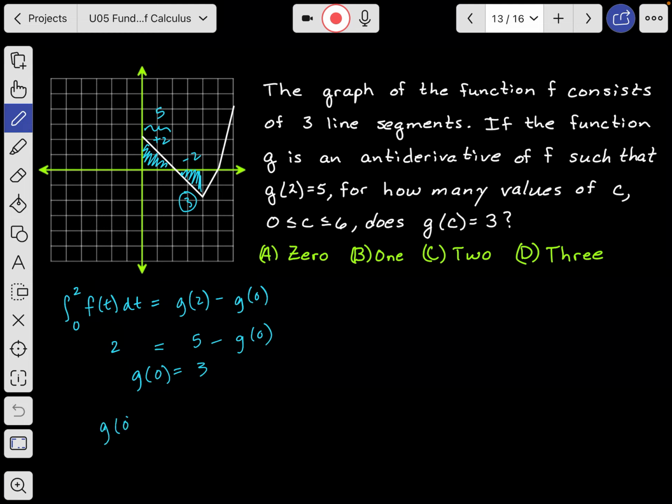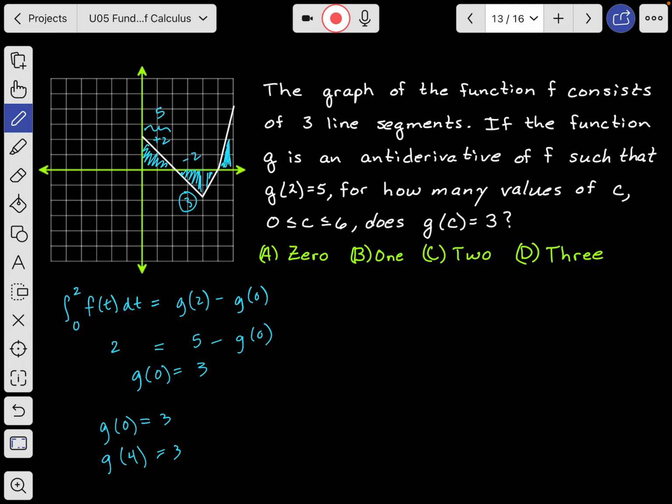So that's our second 3. We started with g of 0 equal to 3, and now g of, what is this, 1, 2, 3, 4, is going to give us some value at 3. And then we're going to subtract off, I don't know how much this is, but then we're going to add back value.